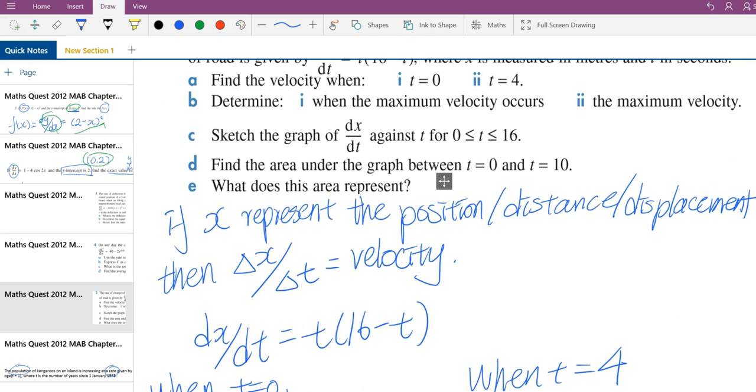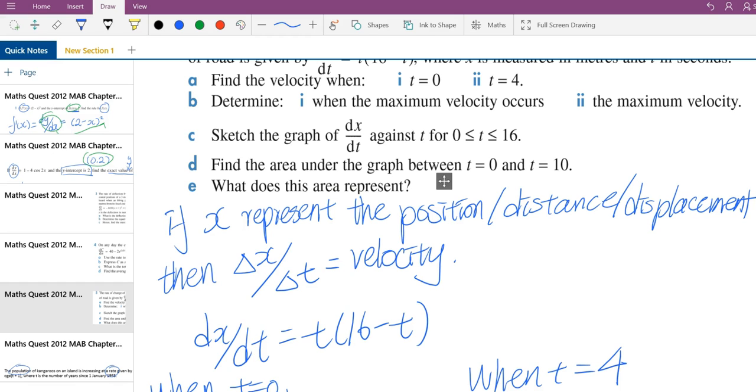Alright, second one. Determine when the maximum velocity occurs, and then the maximum velocity. First we have to find when the maximum velocity occurs.